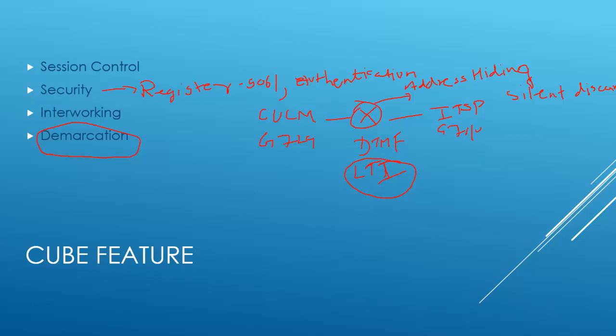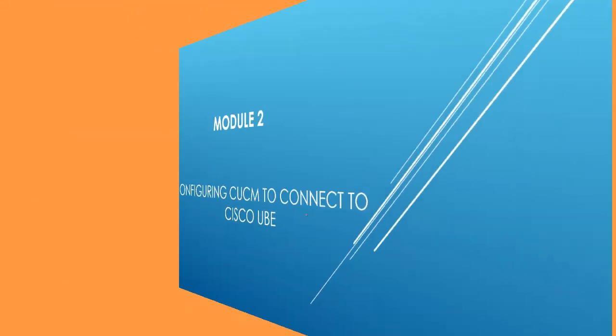And it is also able to provide fault isolation, and it does a layer 5 and layer 7 demarcation. That's a real benefit of the CUBE, so it's like a border element. That's what I told you already. It's a Cisco Unified Border Element.